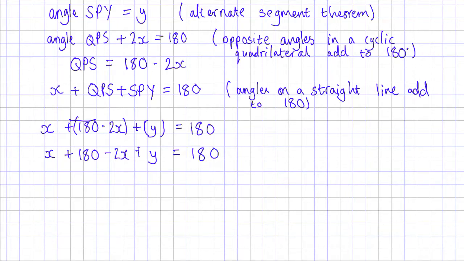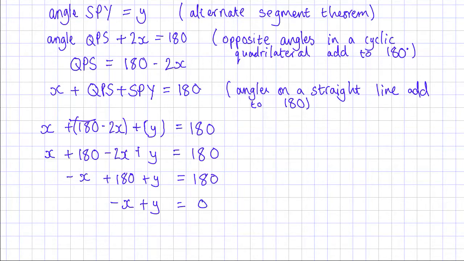Okay, so now I'm just going to simplify it a little bit. The x and the minus 2x will make minus x. So I'll have minus x plus 180 plus y is equal to 180. Now if I take away 180 from both sides, I'll get minus x plus y is equal to 0.